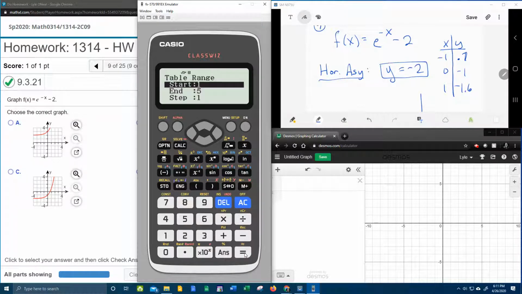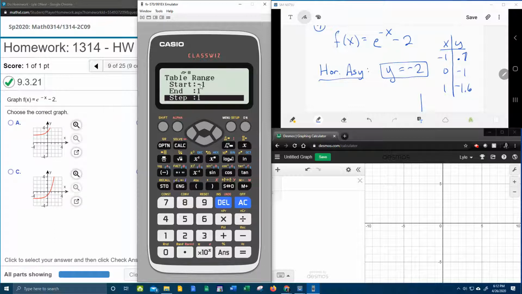So we hit equals, and then it says, where do I want my x's to start and where do I want them to stop? Well, if we just want to check these values, I want it to start at -1, and I want it to stop at 1. The step is how much it increases or increments.